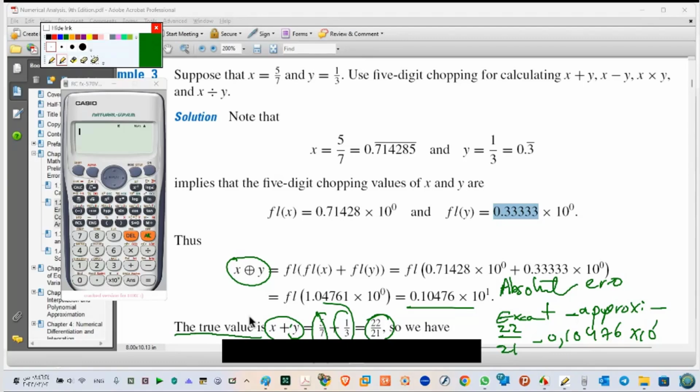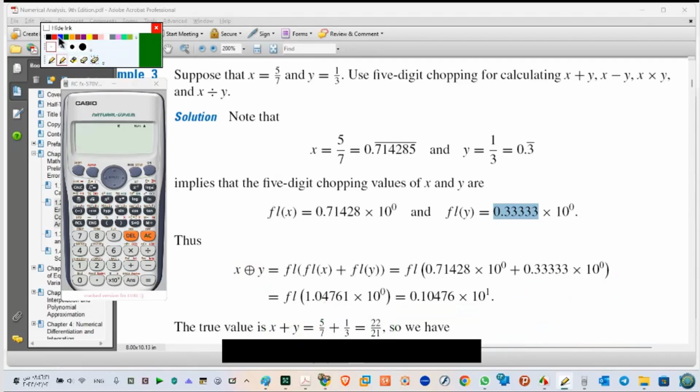First of all, write with me, don't forget how to solve. 1, normalize for each number.